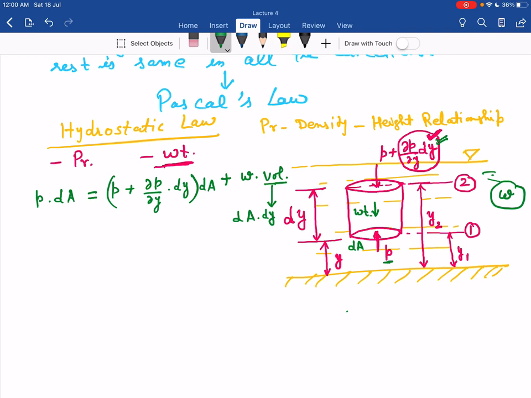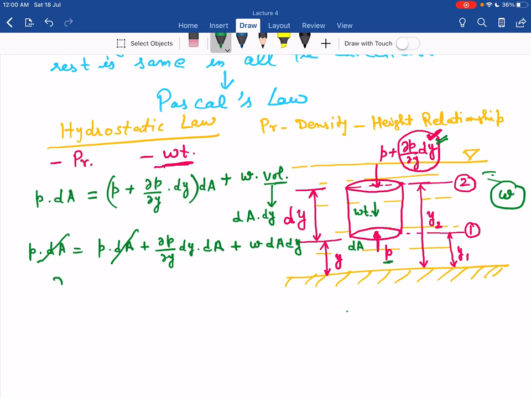Okay, so now we can write again P into dA equal to P into dA plus ∂P/∂y into dy into dA plus W dA into dy. Now this P dA cancels with this.